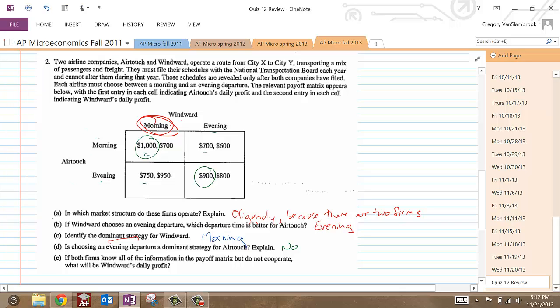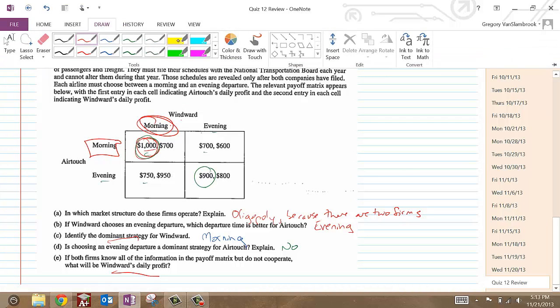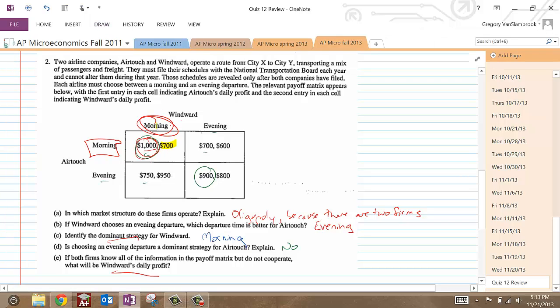So if AirTouch knows that Windward's going to go morning, then we already said their better option is morning in that case. So AirTouch will also go morning, and it asks what will be Windward's daily profit, which is that, when we're choosing that combination. The answer is $700.